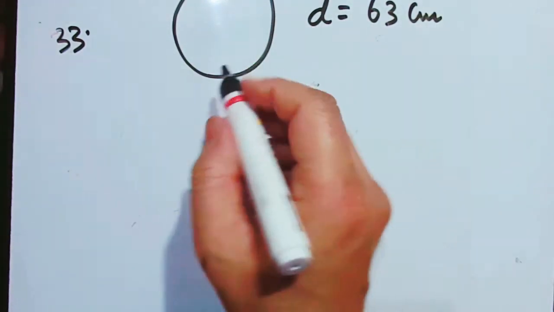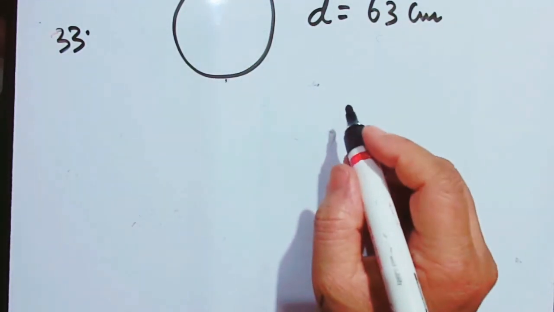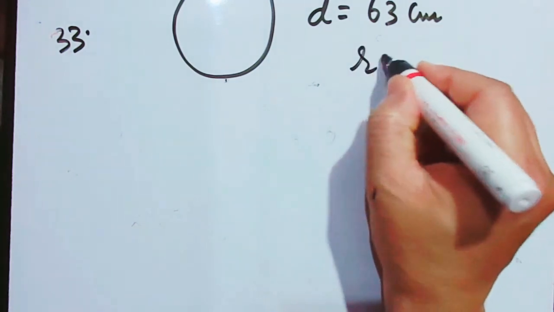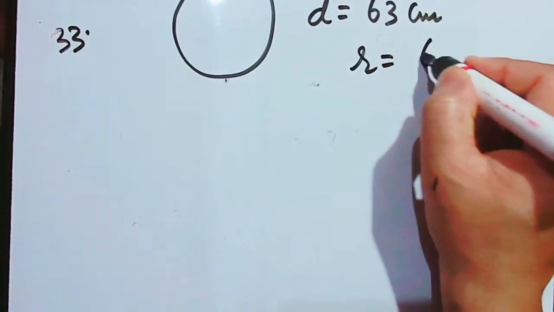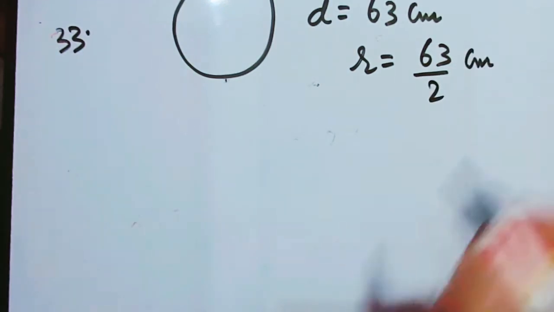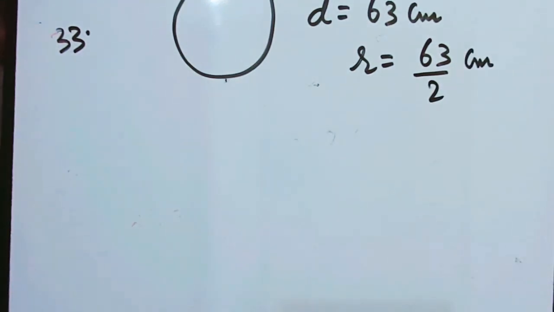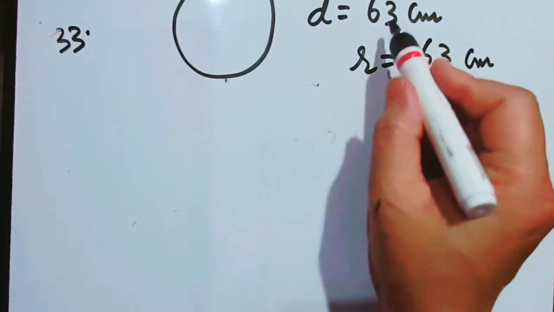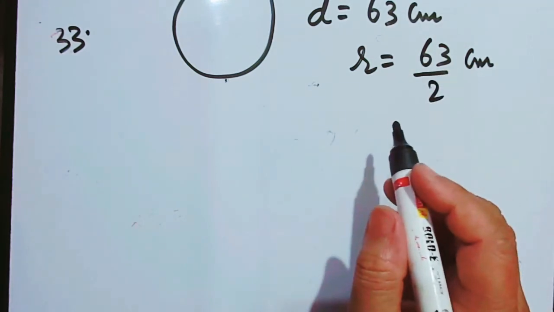Fine. So naturally my radius will be equal to 63 by 2 centimeter. Though I won't be finding it right now. So diameter is equal to 63 centimeter, radius 63 by 2 centimeter.